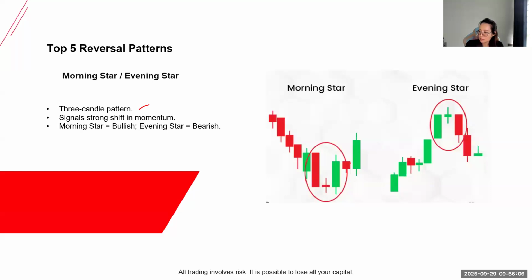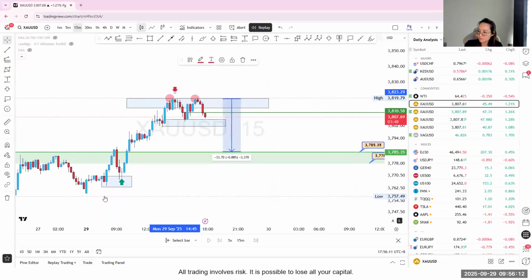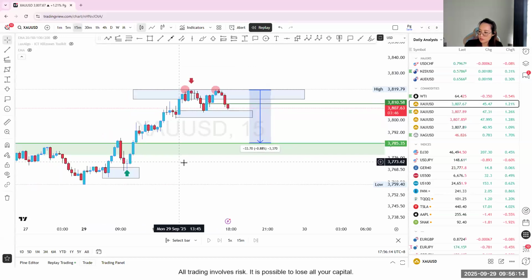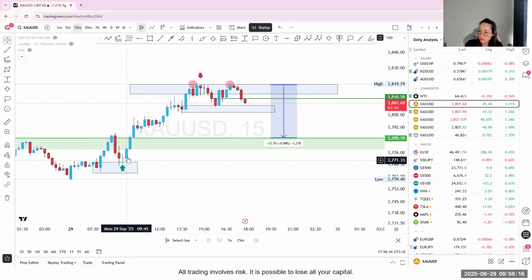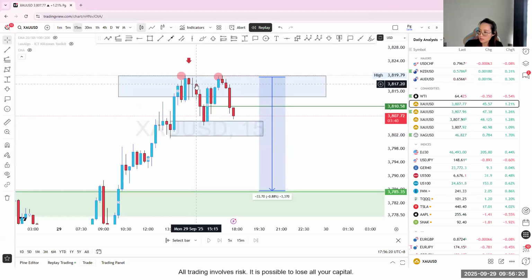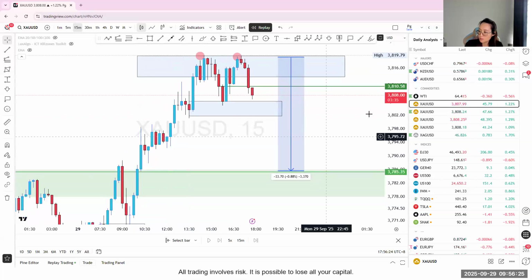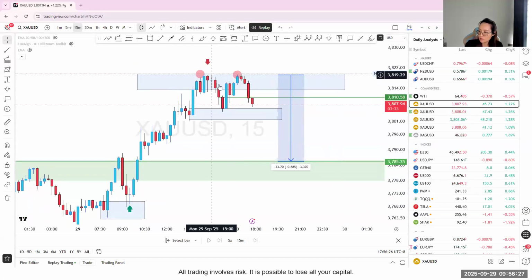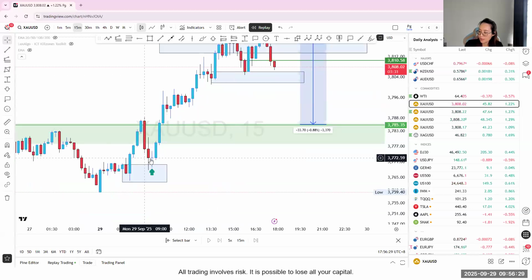There's going to be three candles, which is here. How many candles? It's three, right? You look here: 1, 2, and 3. Okay, 1, 2, and 3 as well, with strong momentum. And after you see either the morning or evening star, you see the momentum is selling off or buying off, right?